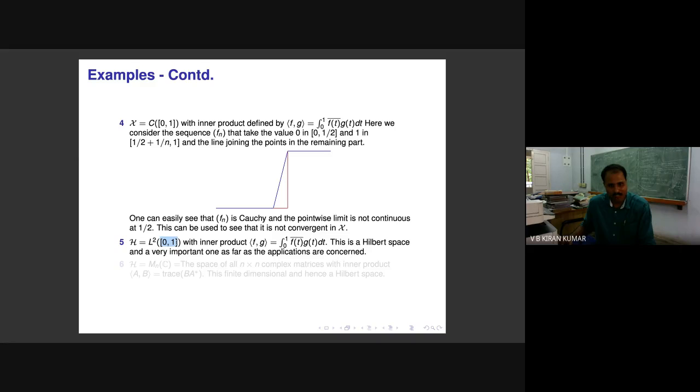But when you consider spaces with infinite measure, then the theory will be a little bit different. Whatever is true for the closed interval [0,1] will be true for any set with finite measure. You can rewrite it for any closed and bounded interval. Okay, this is a Hilbert space. And the last one is obviously a Hilbert space because it's a finite dimensional space. So it is of no interest for the time being.